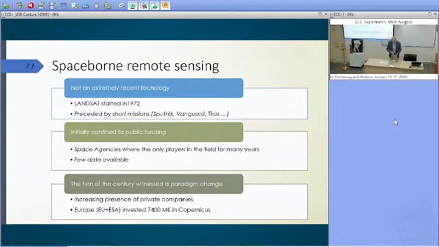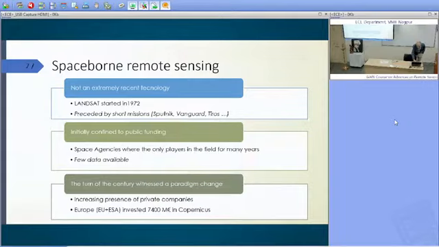And so the space industry took up, including in the Earth observation sector.